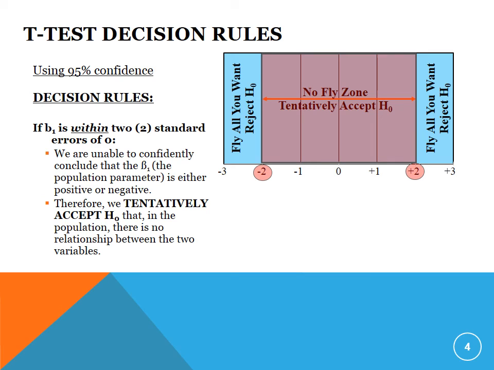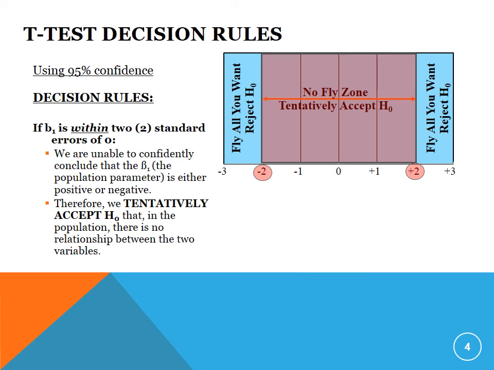Because it's possible that it could be 0. It could hit that 0 marker, which means that there is no relationship. Okay, so granted it could be 1.7, but because it's in that no-fly zone, there's a possibility that it could be 0. And 0 means no relationship.